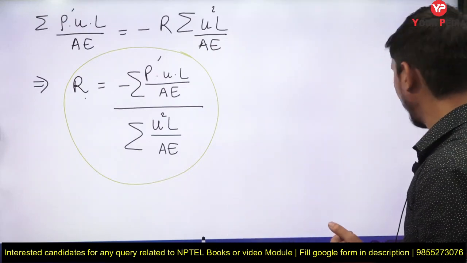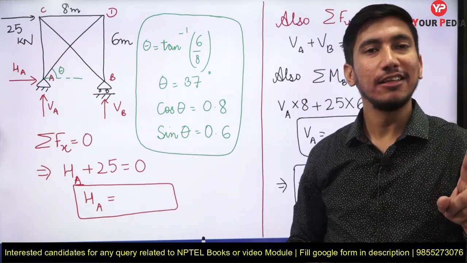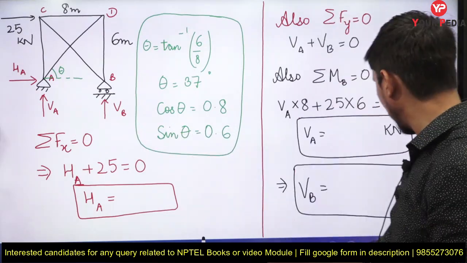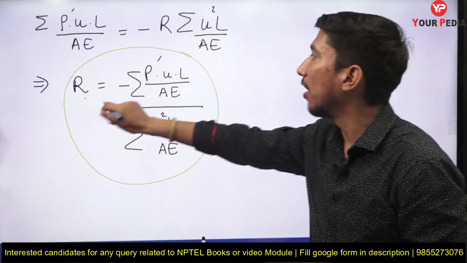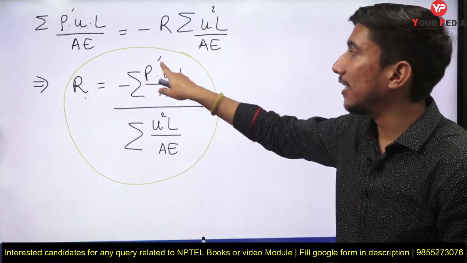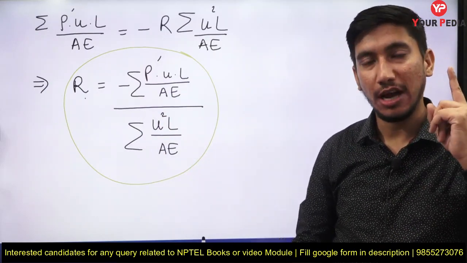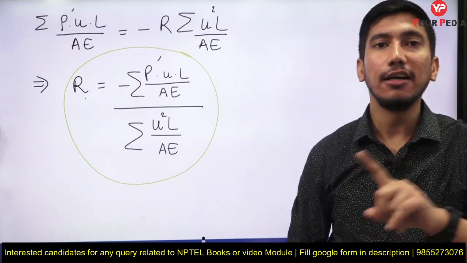Okay. Now we are analyzing the structure. First we have to find the member forces, because for finding the value of R, you have to find the force in each and every member under the P dash system of loading. What is the P dash system of loading? When external forces are acting and the redundant is not acting.